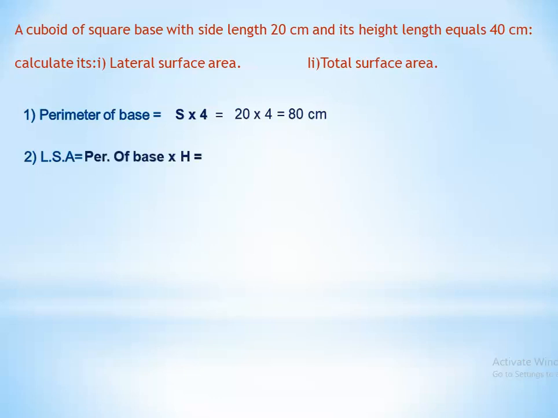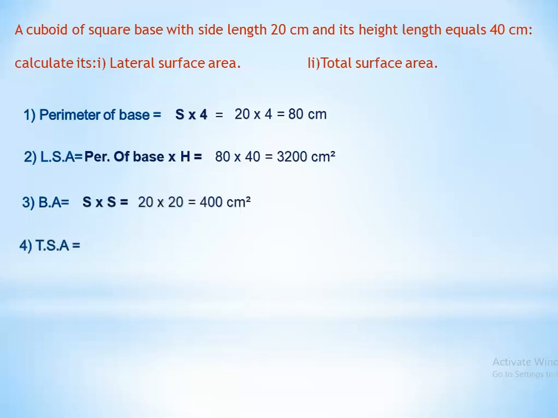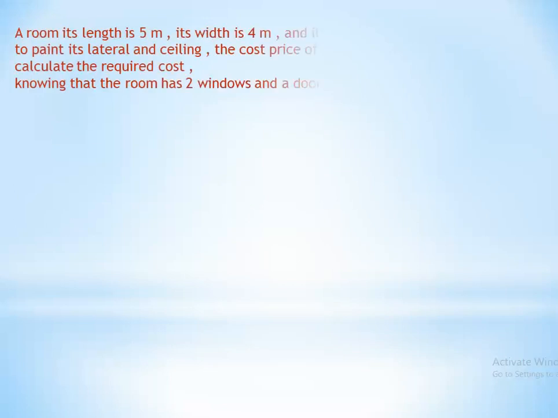LSA, perimeter by height, equals 80 by 40, 3200 centimeters square. Base area equals side by side, 20 by 20, 400. TSA equals LSA plus 2 times base area equals 3200 plus 2 times 400, equal to 4000 centimeters square.